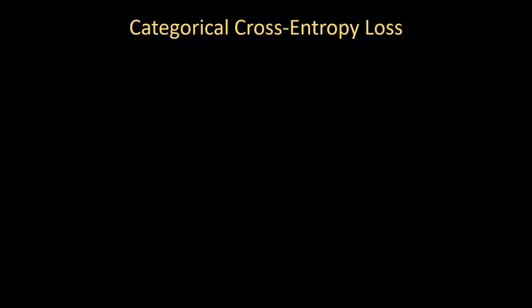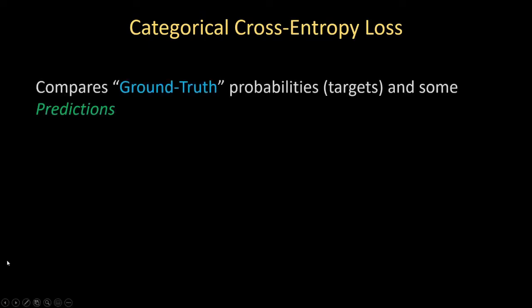I'm going to spend a little bit of time explaining this categorical cross entropy loss. There are a few things to know about this. It compares the ground truth probabilities, or targets, and some predictions. You may have heard the term ground truth if you were ever dealing with computer vision.